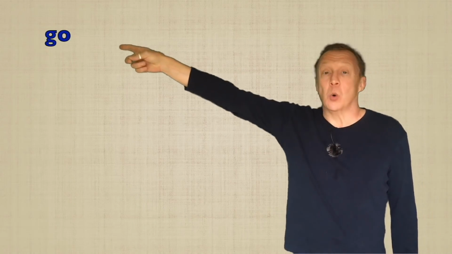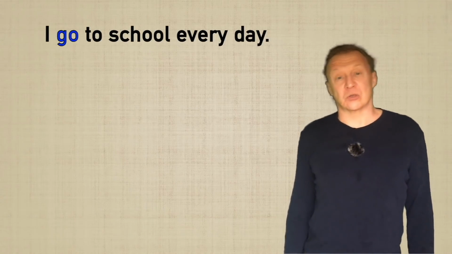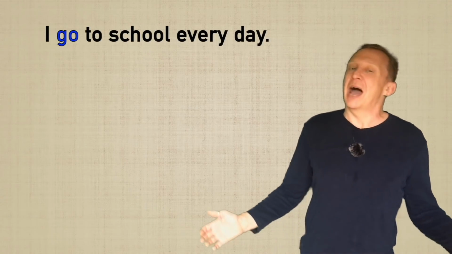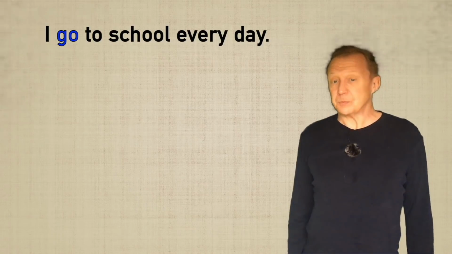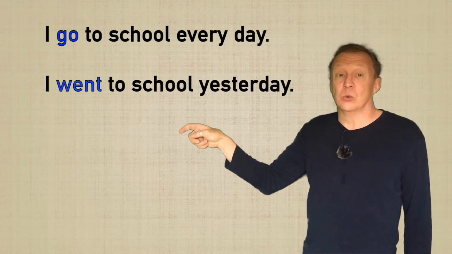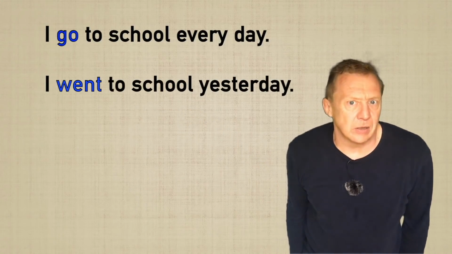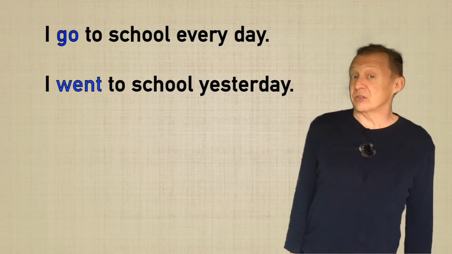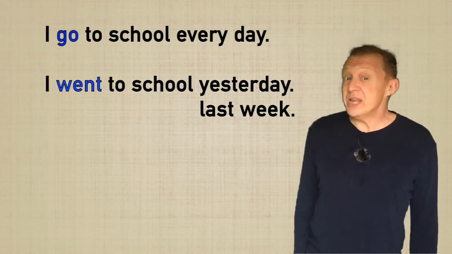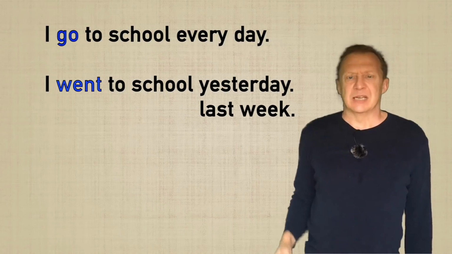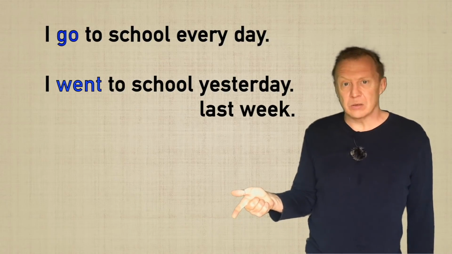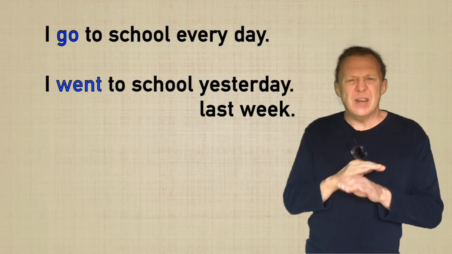Now, let's have a look how some of these verbs behave. So we have go. 1, 2, 3. Go. Easy. I go to school every day. Habit. Routine. I went to school yesterday. I went to school last week. Yesterday, last week. That's finished.